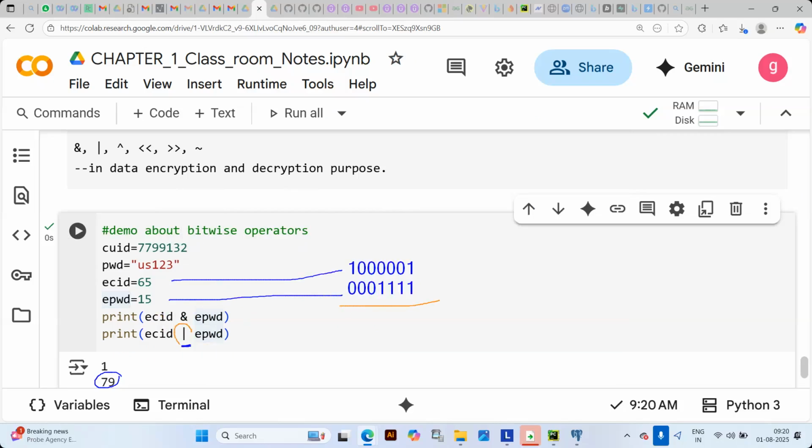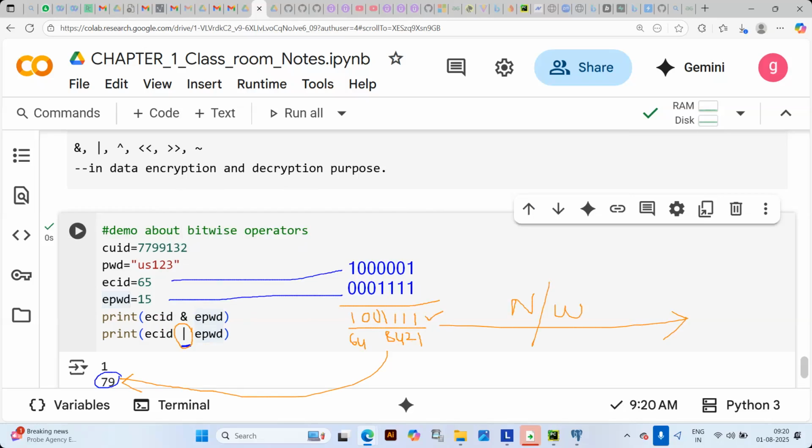If you now perform the bitwise OR operator, true plus true becomes 1, true plus false becomes 1, and so on, giving 1001111. This binary value has a decimal equivalent: 64, 32, 16, 8, 4, 2, 1. So 64 plus 8 plus 4 plus 2 plus 1 is the equivalent value 79. This binary equivalent value goes through the network as the network data.